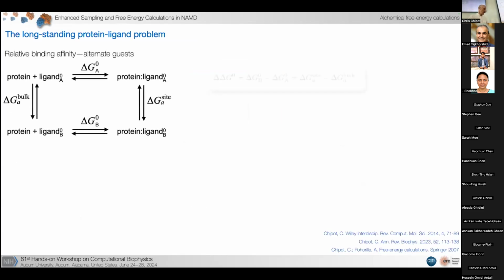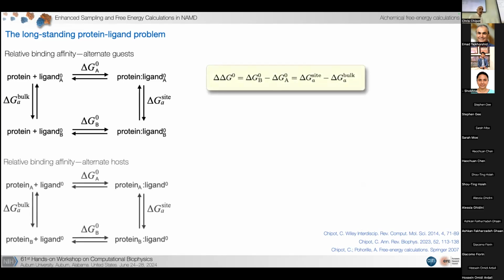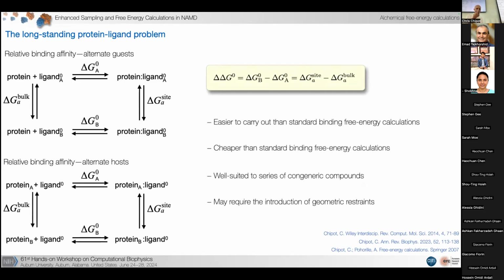Let me say a few words before the break about protein-ligand binding, because I'm sure that some of you are interested in this. It's usually considered to be easier to deal with relative binding affinity than absolute binding affinity. By relative, I mean we're comparing two ligands.